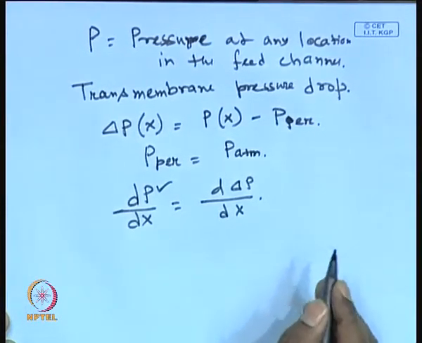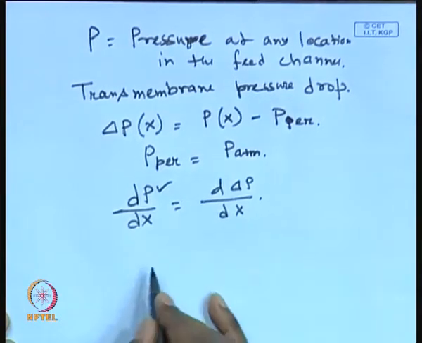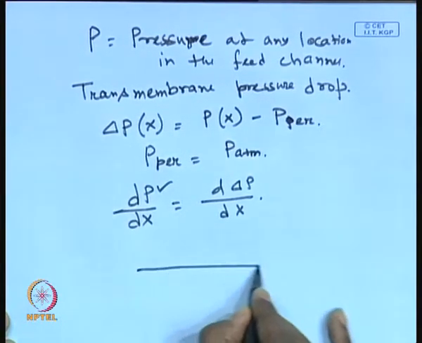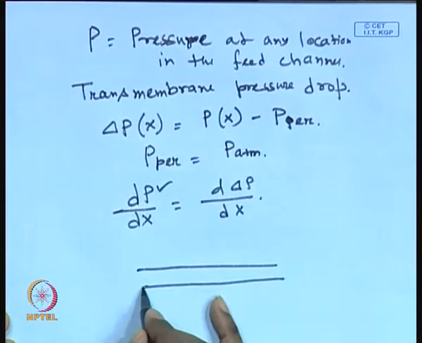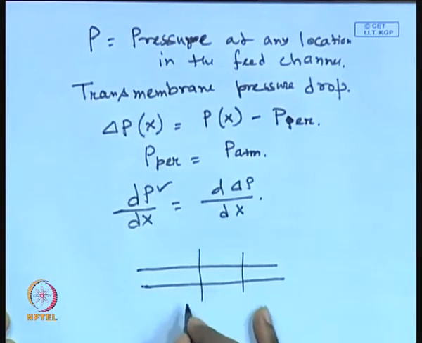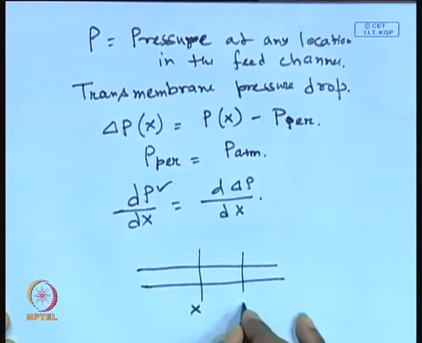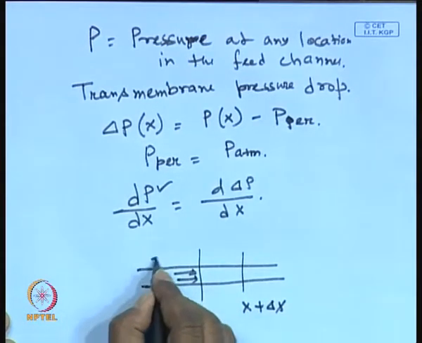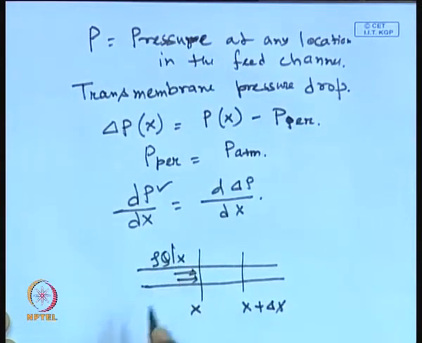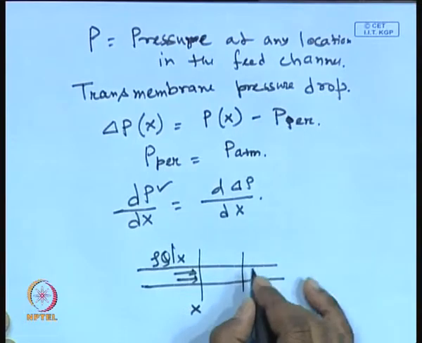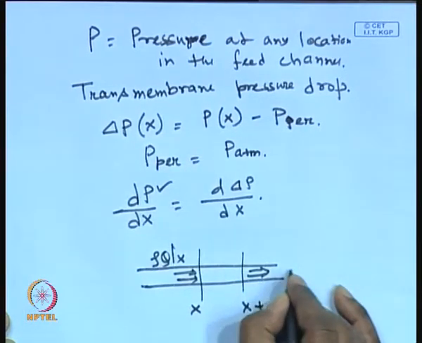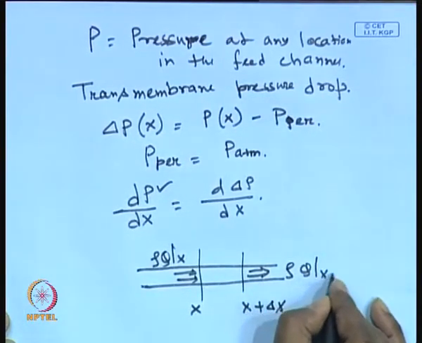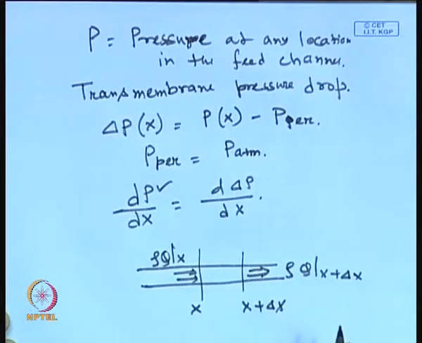Now, we will do an overall material balance. So, we consider a differential element located at x and at x plus delta x. Okay. So, the total material going into the system will be nothing but rho times q at x, okay, and the material going out is nothing but rho times q located at x plus delta x, right.